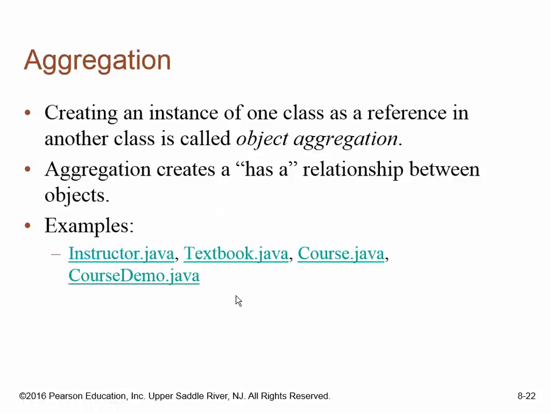All right. With aggregation, that's when one class has a reference to another class inside of it. So let's say, for example, that I create a class that's called clock, and I put in for clock hours, minutes, seconds, etc. All right, set time, get time. Now I create another class that's called alarm clock. So I've got a clock class, and now I want to create an alarm clock.